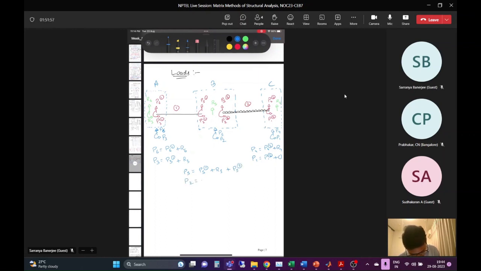P2 is nothing but P21 plus 0 plus P22. This part it is okay. Please comment. If this part is okay, then I don't think there is any confusion in the solving of the load vector. Solving the load vector is fine.